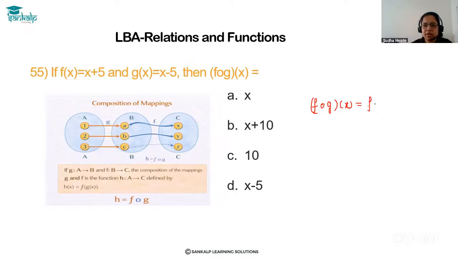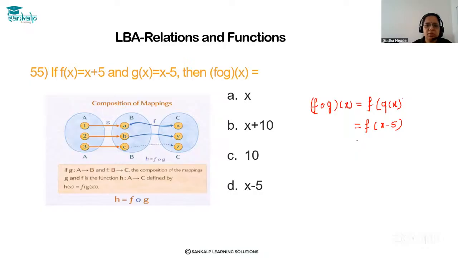So it is f of g of x, correct? Now, f of what is g of x? It is x minus 5. G of x is x minus 5. Substitute it. Now, f of x minus 5 you need to find.